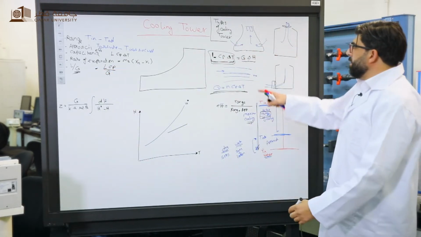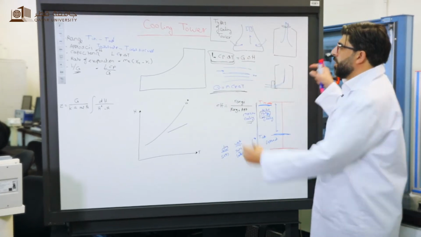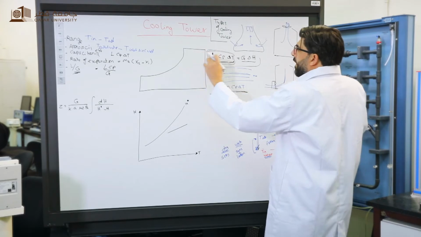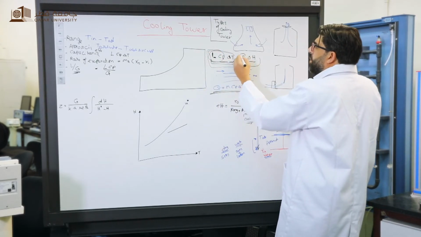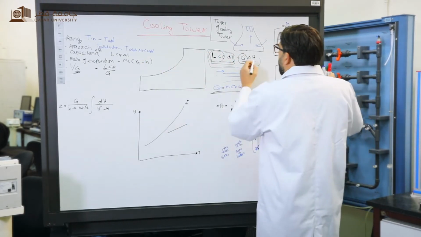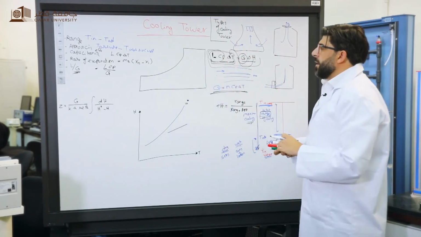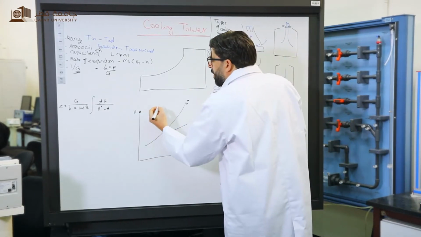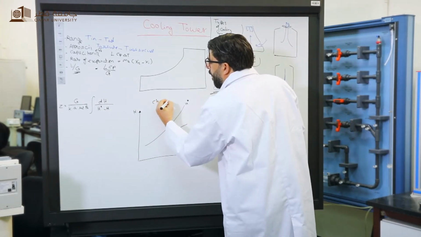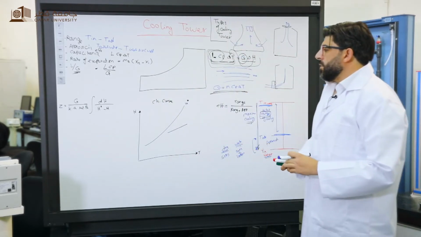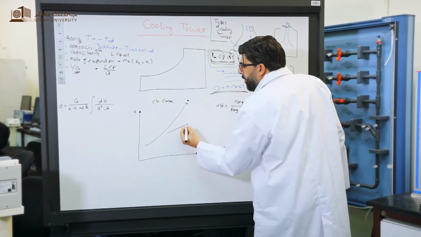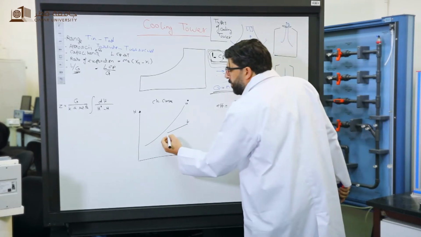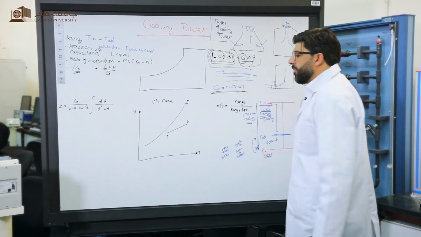So it represents the energy balance of this equation. L Cp over G equals delta H over delta T. We can represent this as something called the characteristic curve of the cooling tower. We have two points. The first point represents the top of the column, and the second point represents the bottom of the column.